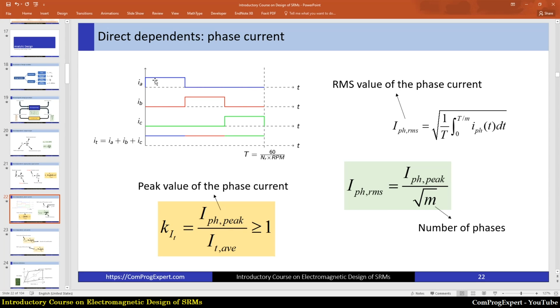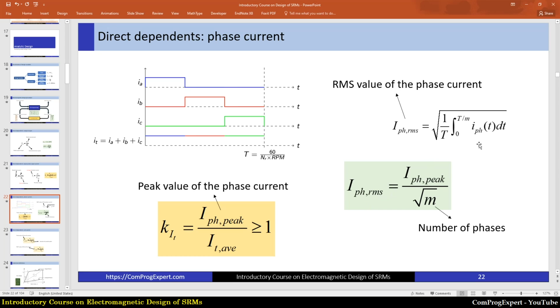So according to these waveforms, when we know the value of phase current and peak value of phase current, we can calculate the RMS value of the phase current, right?